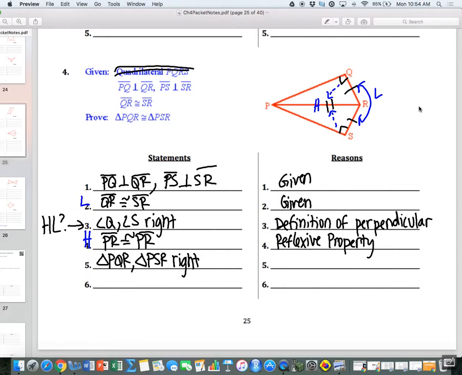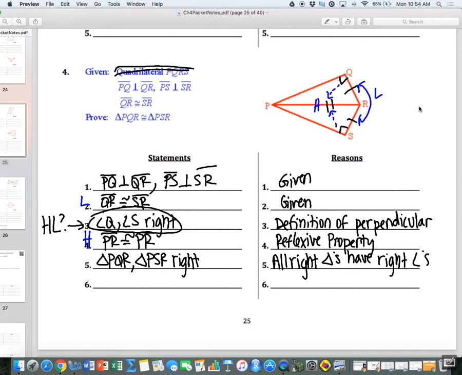Why are those right triangles? What makes a right triangle? Like, what is the definition of a right triangle? 90 degrees. Has a right angle. Okay, we've already said that we have right angles. So now all you need to say is all right triangles have right angles.